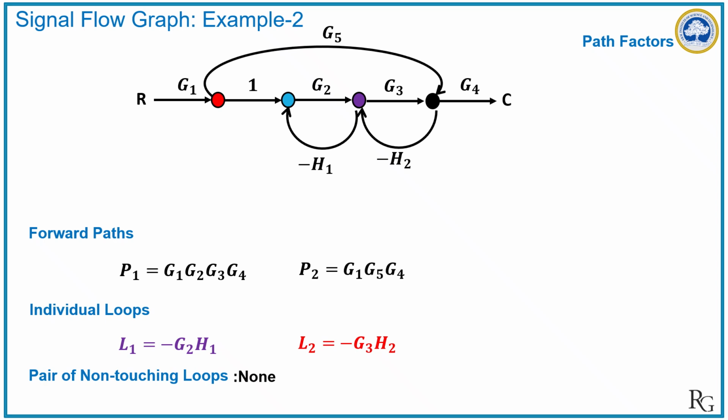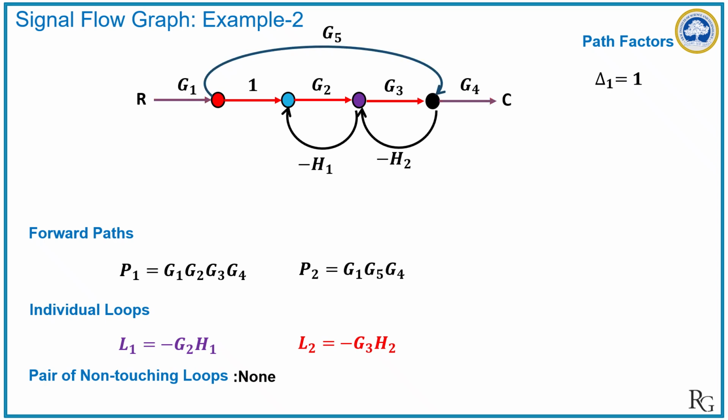We see whether, out of loop 1 and loop 2, there is any loop which is non-touching to that path. For delta 1, both loops are touching that forward path, so delta 1 is equal to 1 minus 0.